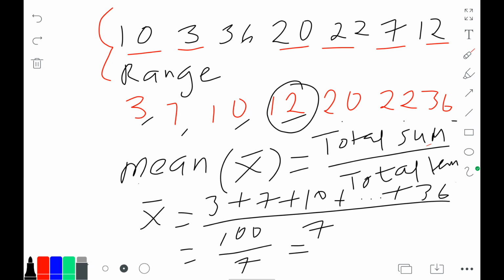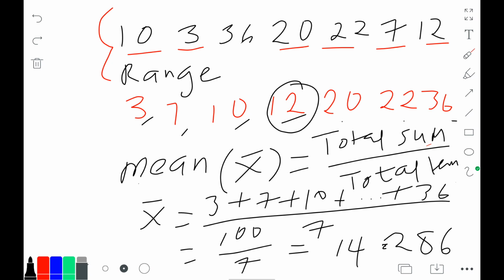So 100 over 7, you can use your calculator for 100 divided by 7. You're going to get 14 point something, let's say 14.286.